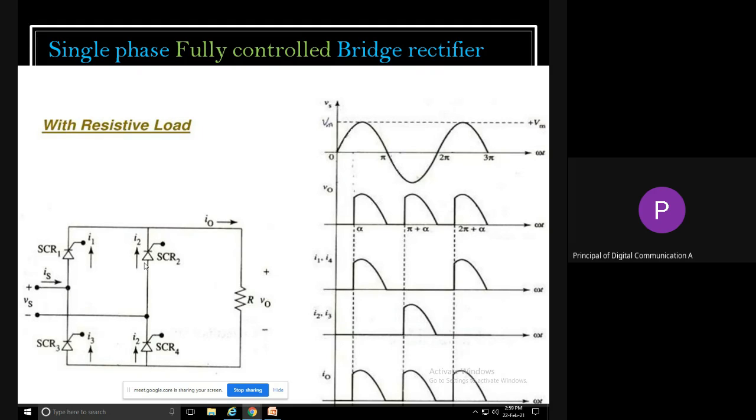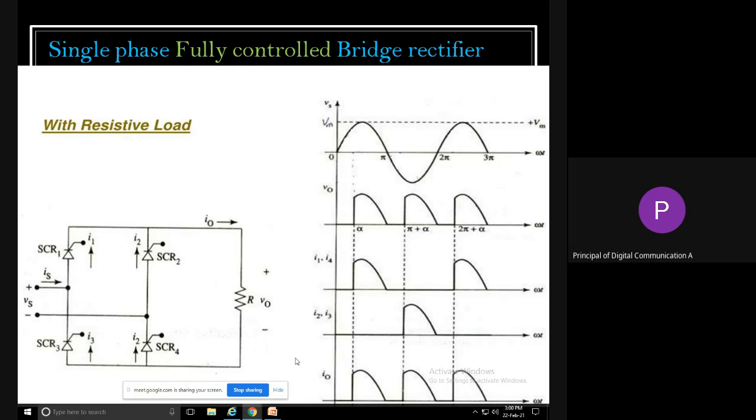They will turn on when they get the current pulse. So I1 and I4, that is SCR1 and SCR4, both should get the current pulse at the same time, so that this configuration has the appropriate output.